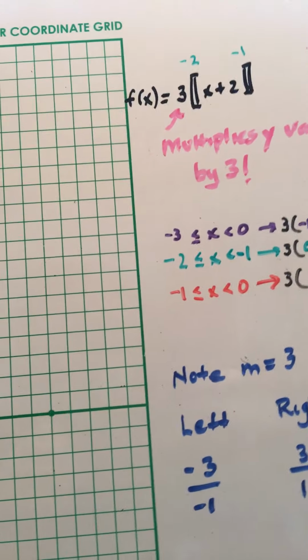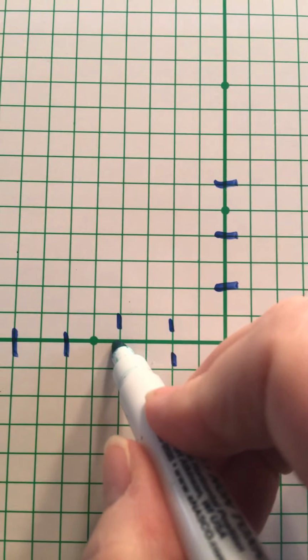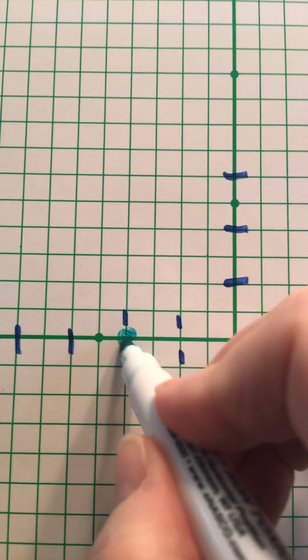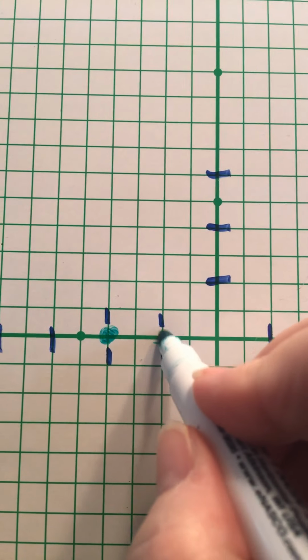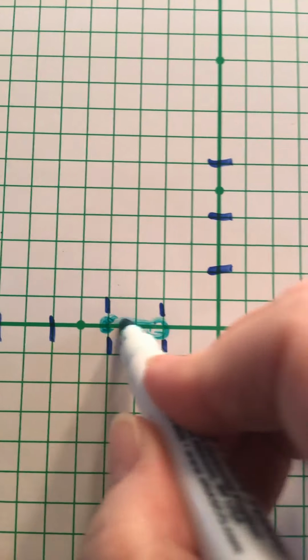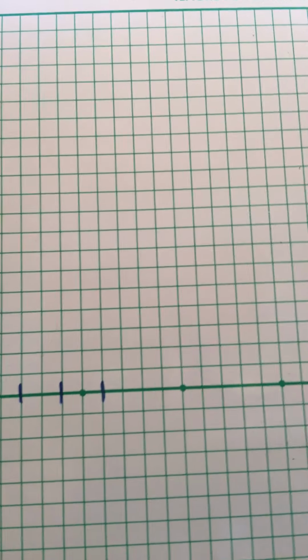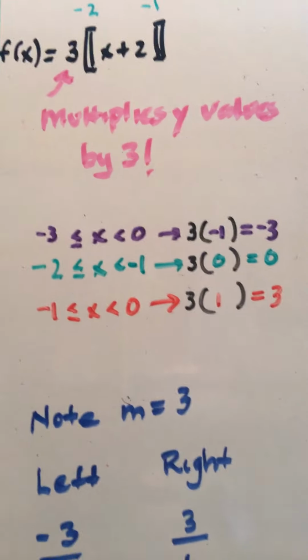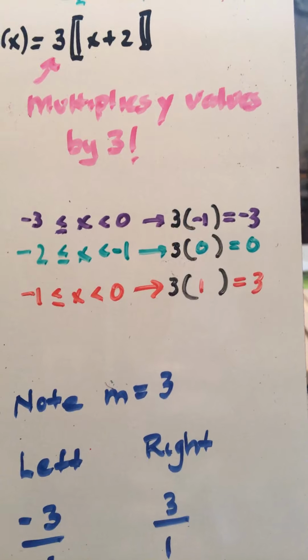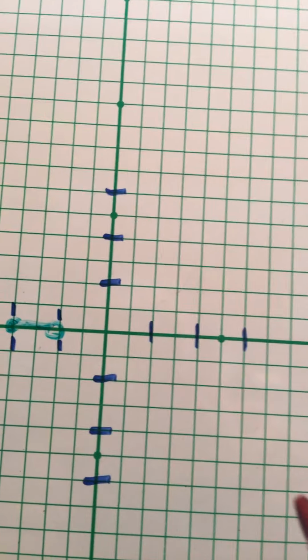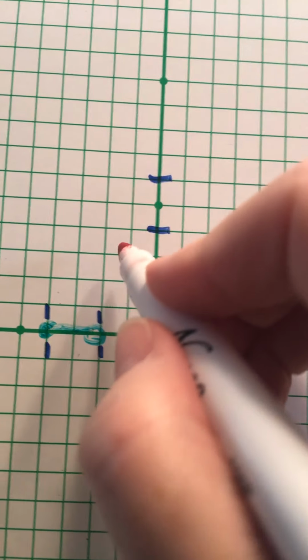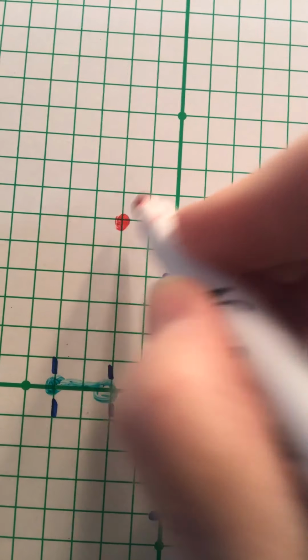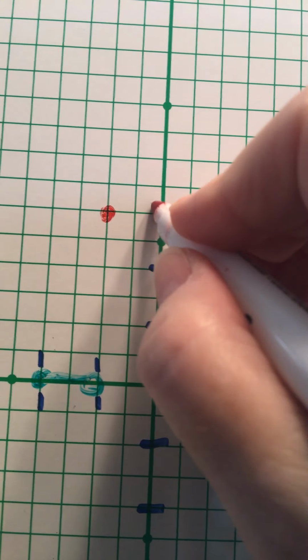So I'm going to start, as always, with my one that's on the axes, at least right now, -2 to -1. And then I can do the -1 goes to 3 and 0 goes to 3. So -1 goes all the way up to 3 and 0 goes to 3.